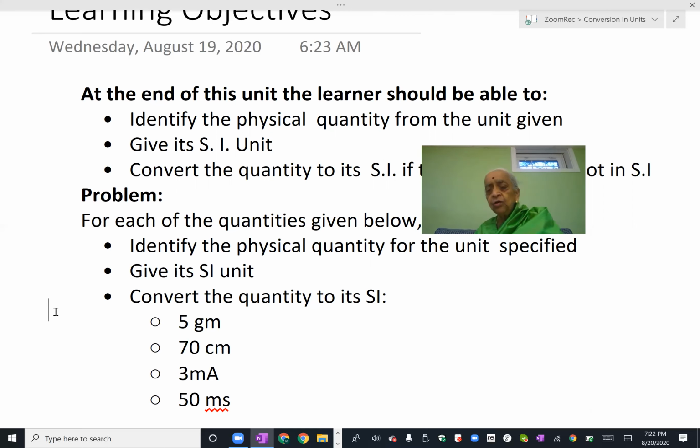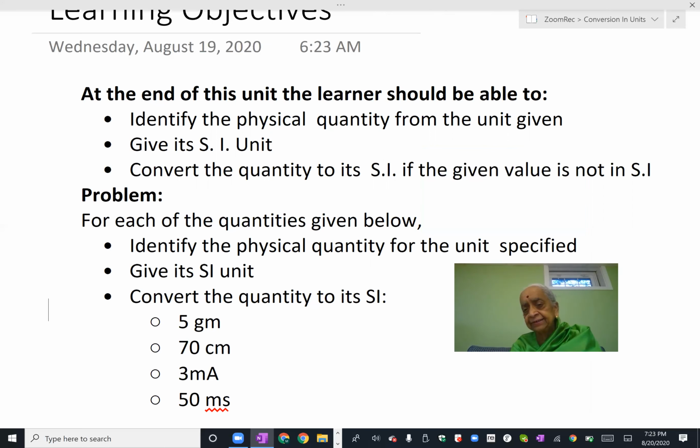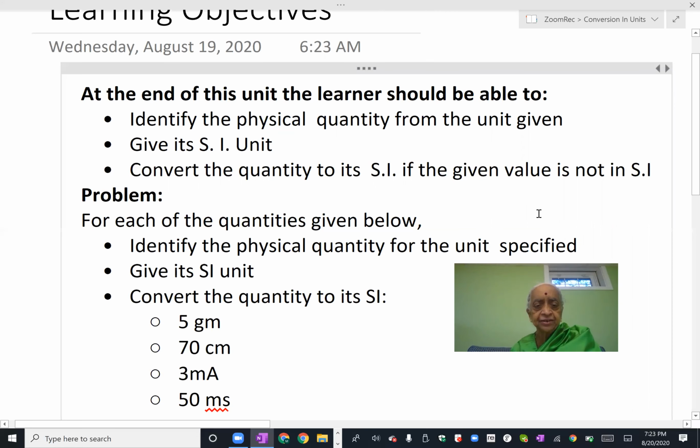Then you have to know what is the SI unit, universally accepted all through the globe, which is the standard unit of that particular quantity. Then convert the given quantity into its SI, if the given value is not in SI. If the given value is already in SI, you have to identify it's already in SI, and you have to just rewrite it or copy that value and say this is the answer. Otherwise, you have to convert it into the respective SI units.